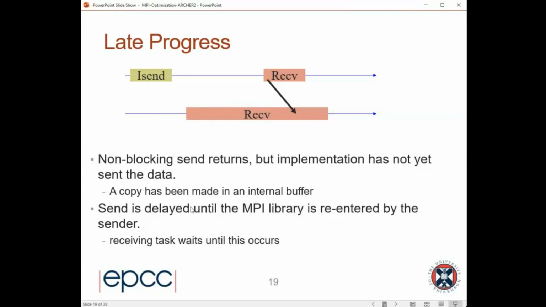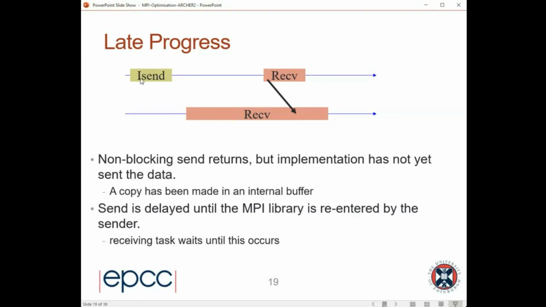So what happens is that the sender is delayed until the MPI library is re-entered by the sender. For example, you've issued a non-blocking send here. This guy wasn't ready, so nothing happens. This guy issues the receive, but your process here is running some other non-MPI code. Later on, this code could call a receive, but before it even does the receive, it says, oh wait, is there any stuff outstanding?